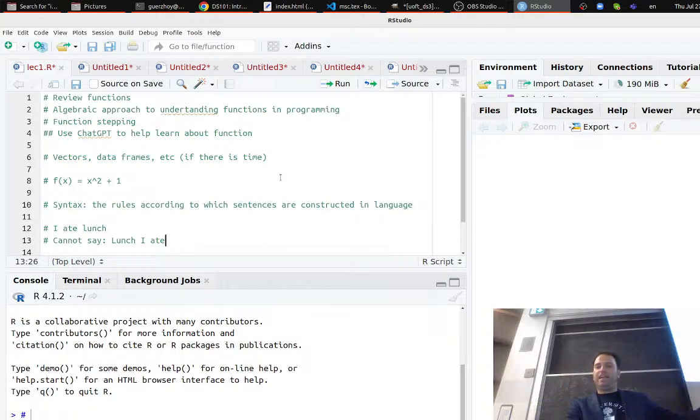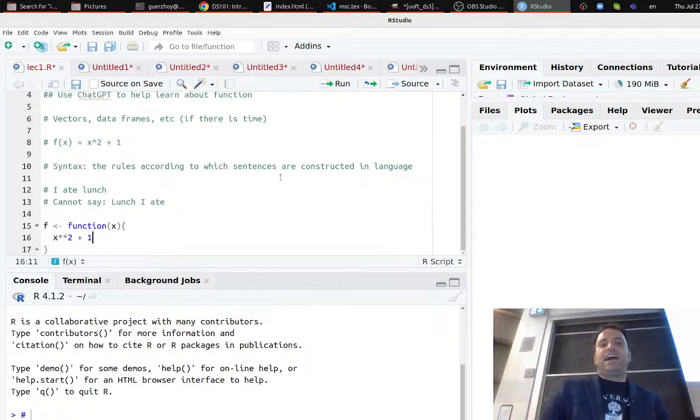In some other languages, you might say something like that, but it would mean that the lunch ate you, not that you ate the lunch. In English it doesn't work like that. In other languages, that is how it would go. So the rules that govern how you get to combine words and how you don't get to combine words are syntax.